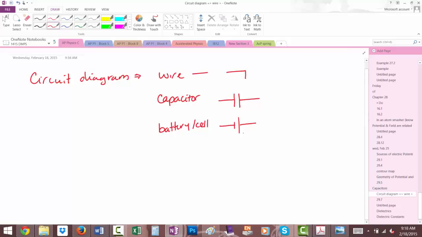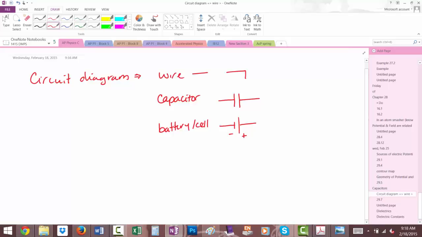High potential, the positive, is on the long side, and the short end is on the negative side. So those are the three pieces that we're going to need right now. We'll add some more stuff next time, or when we're in lab.